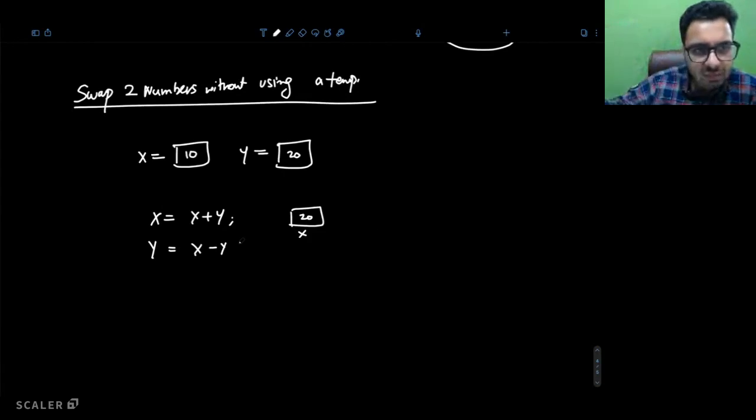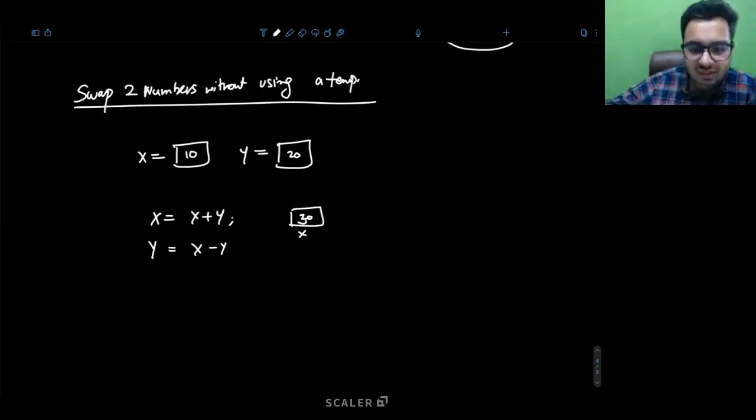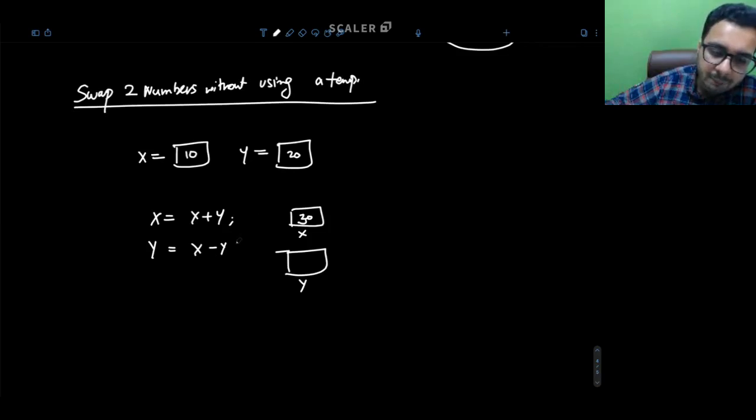So x is 30. Then from x, he says I will subtract the value of y. So what is the value of y now? 30 minus 20, so y is 10.